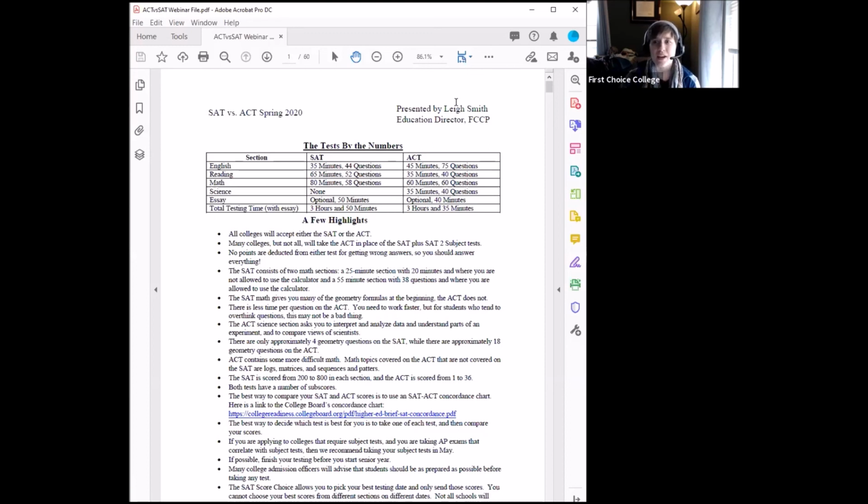Now that being said, does that make the SAT reading section easier? Not necessarily, because while you have to move faster on the ACT, I think the ACT questions are more direct. They're a little more clear, a little more obvious. They are questions that are meant to be answered quickly, relatively, to the rest of the passage.